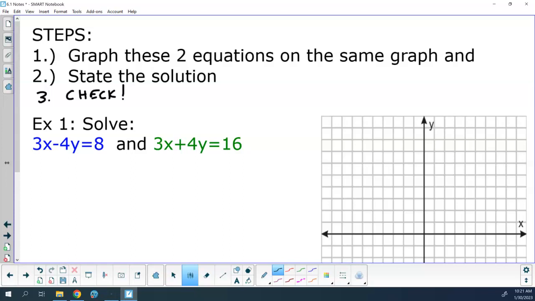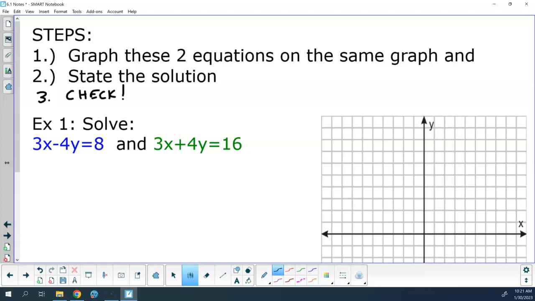All of the formatives and all of the quizzes and all of the tests from this unit should be at or near 100% because you are going to check all your work at all times.